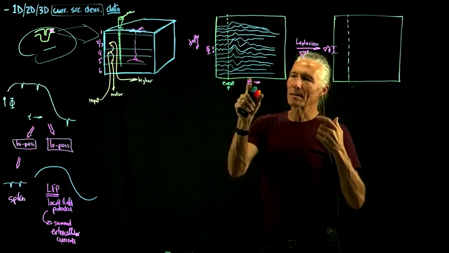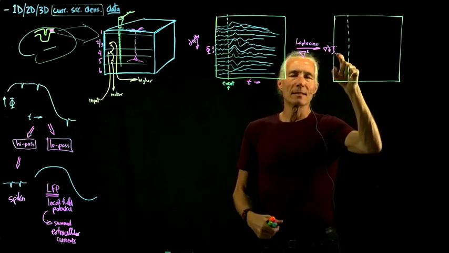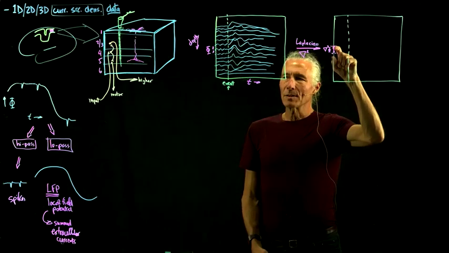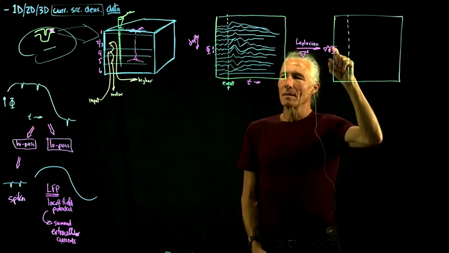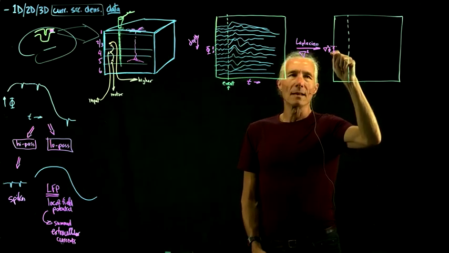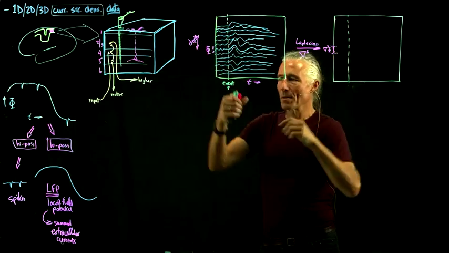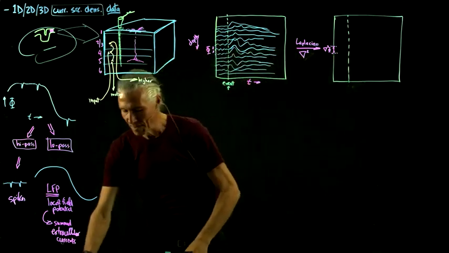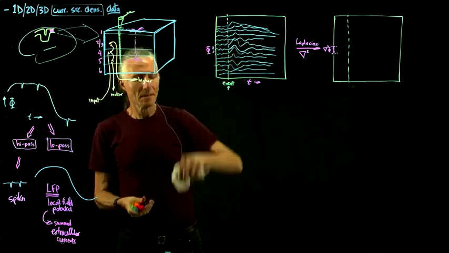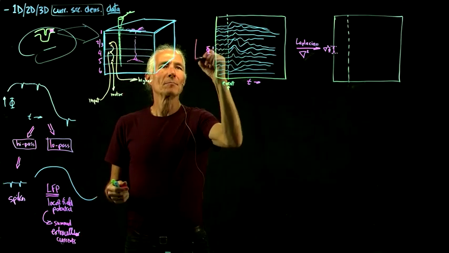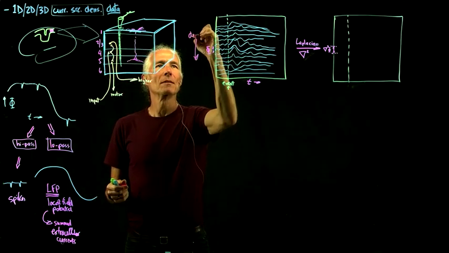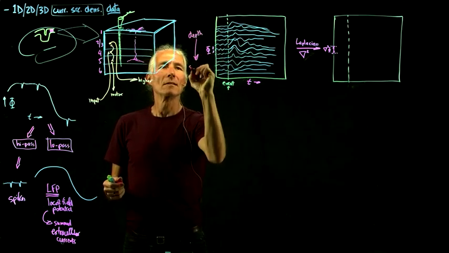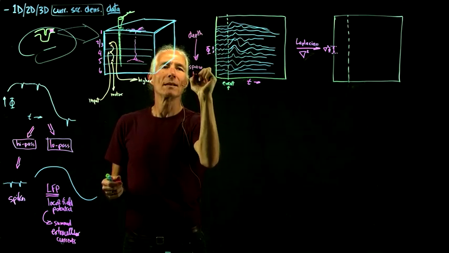How do you estimate the curvature? One easy way of estimating is just take the average of the neighbors in space. And space in this case is just depth. So depth is space. So here's depth. Yeah, space 1D.